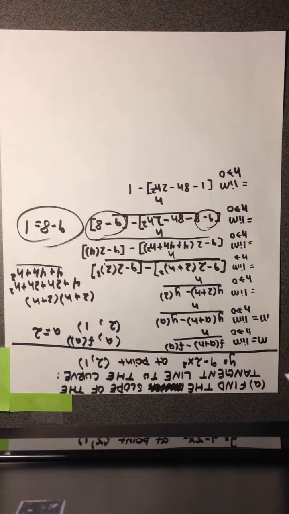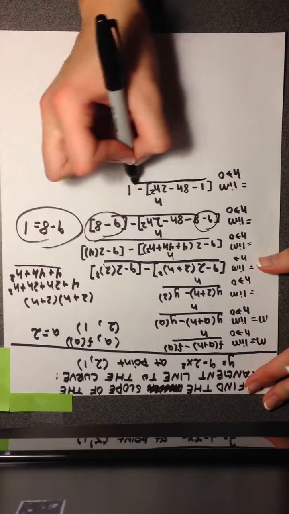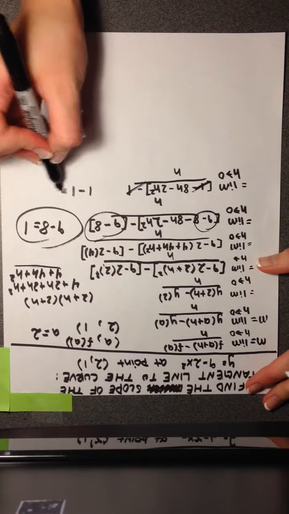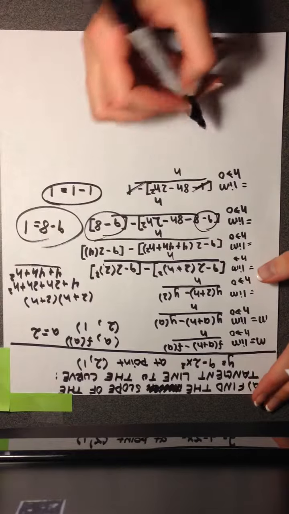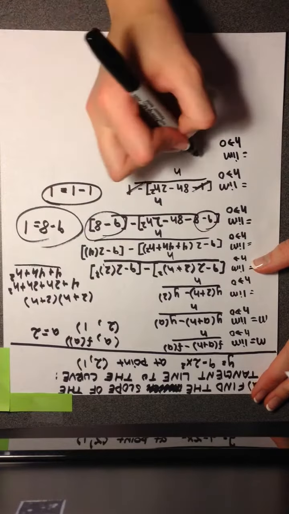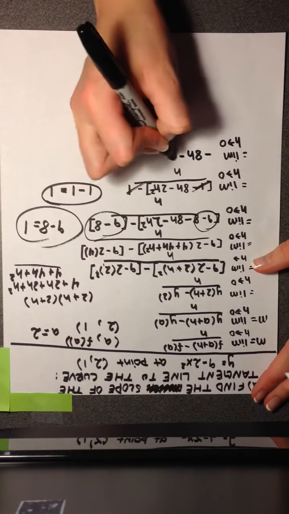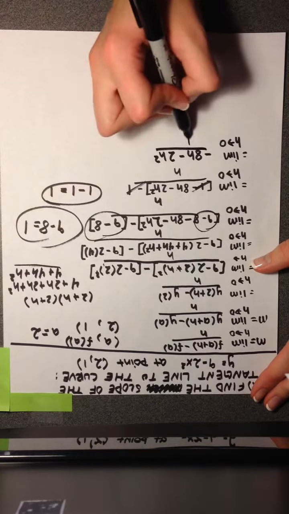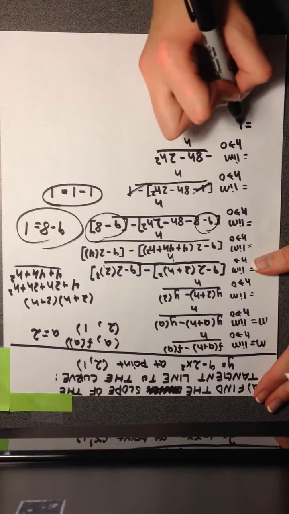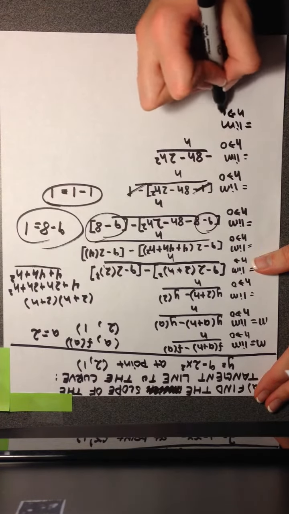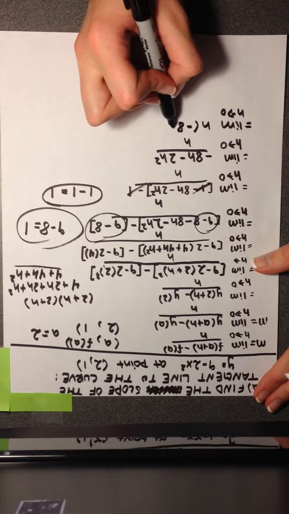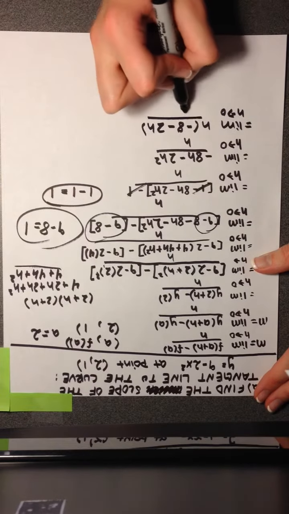Now this is all over h. Again, these 1's can cancel, since 1 minus 1 equals 0. That leaves us with the limit as h approaches 0 of negative 8h minus 2h squared, over h. Next we can factor out an h in the numerator, which gives us the limit as h approaches 0 of h times negative 8 minus 2h, over h.